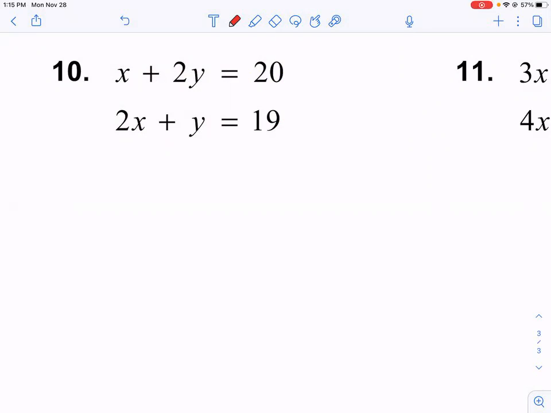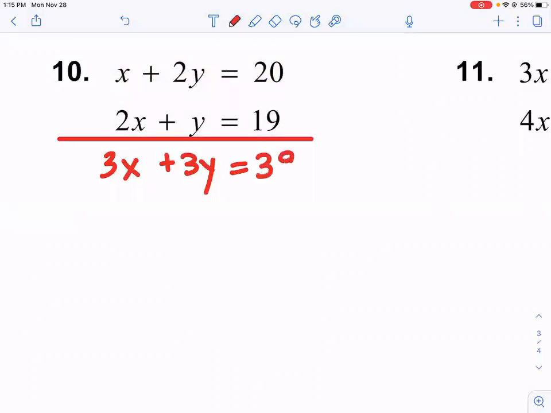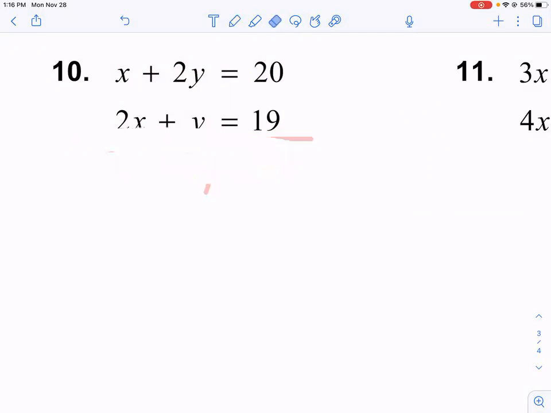Okay, well, if we added them together, don't write this down, we would have 3x plus 3y equals 39. The whole point of elimination is that we eliminate a variable. So it's not going to work out right here because what is not true about our two? We're not eliminating. Okay, right.